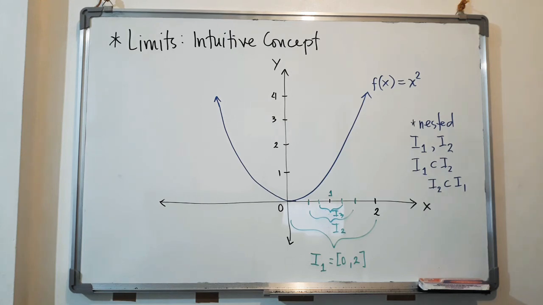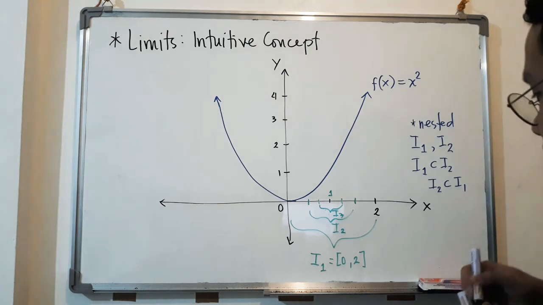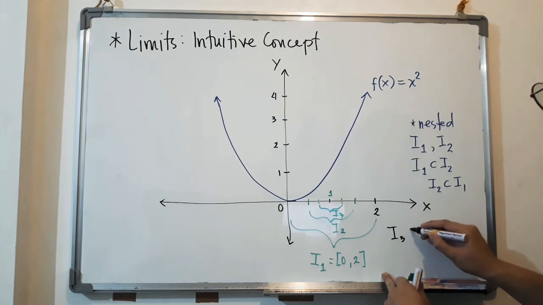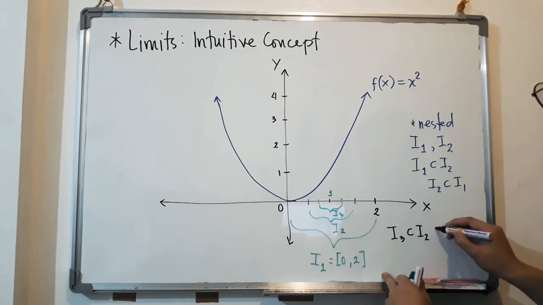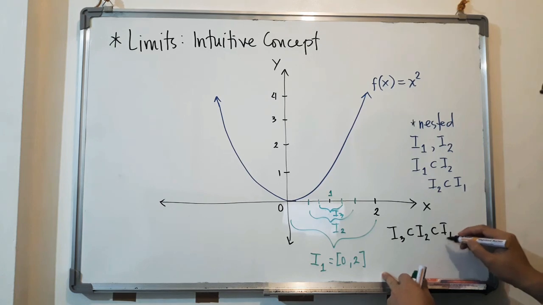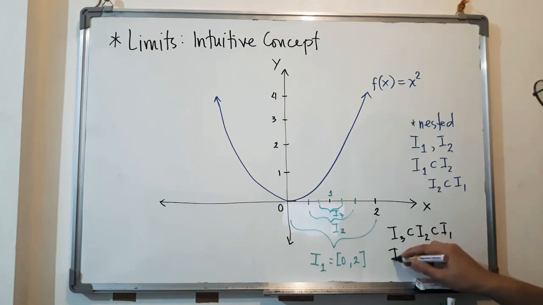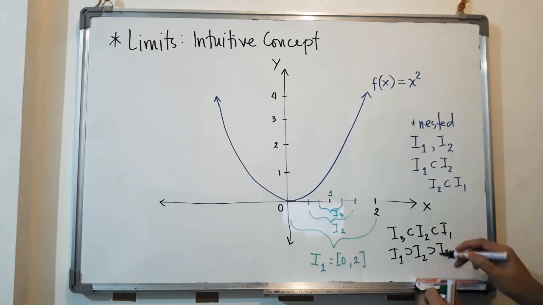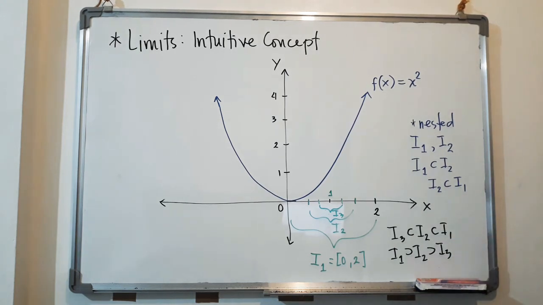Now, the graph of f in these nested intervals. So we have our notation for nested intervals. I sub 3 is a proper subset of I sub 2, which is a proper subset of I sub 1. Or we can write this in this manner: I sub 1 is a superset of I sub 2, which is a superset of I sub 3. So these are nested intervals.